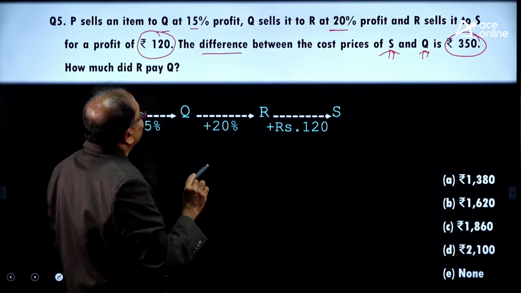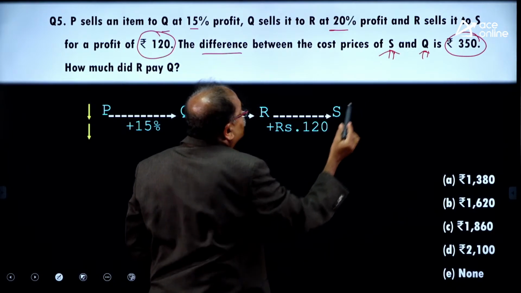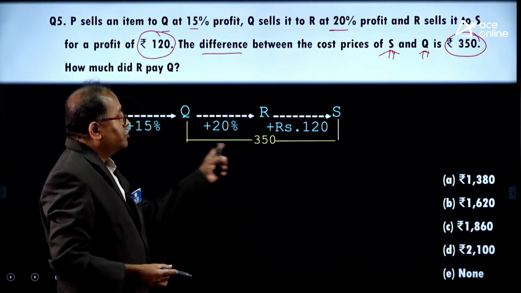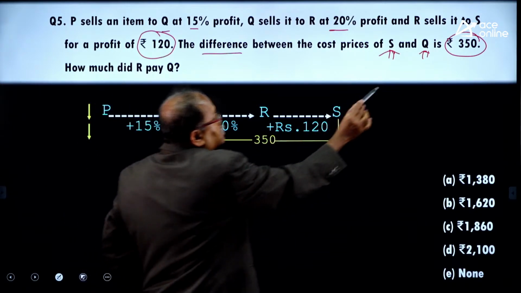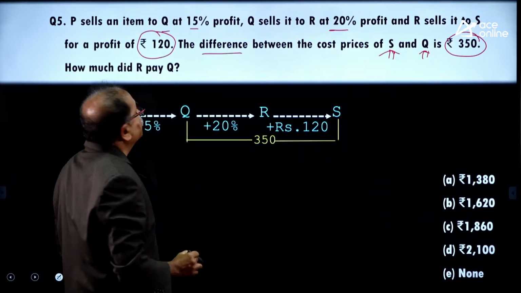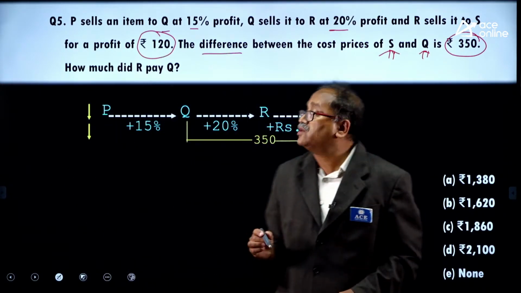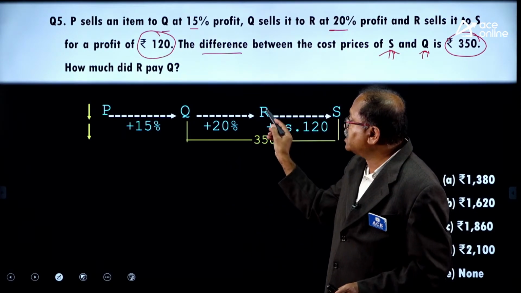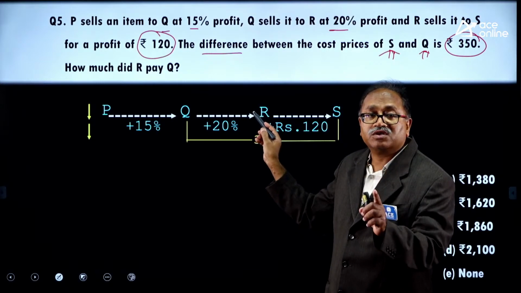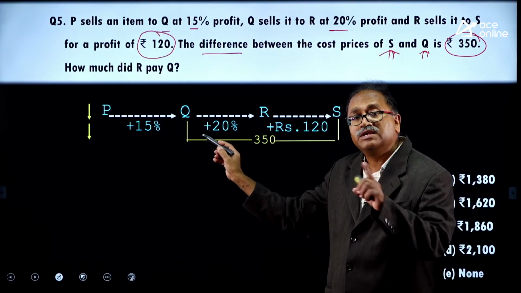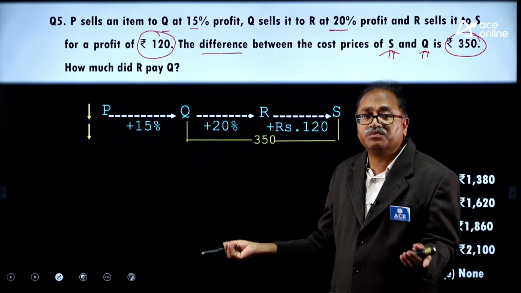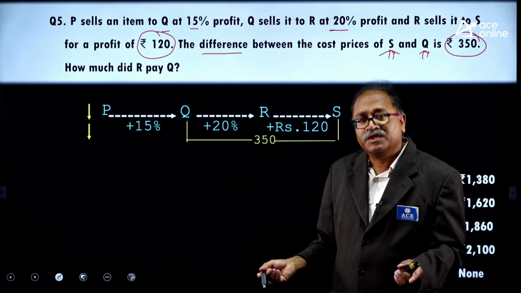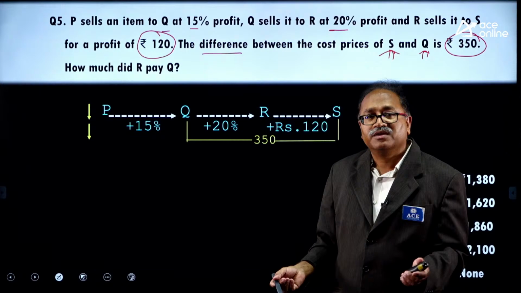The difference between the cost price of S and Q is also given as 350. Finally, what I need to find out is how much R paid to Q. So that is R's cost price or Q's selling price. Both are the same. The selling price of Q is the cost price of R. Can you find it out, my dear friends?